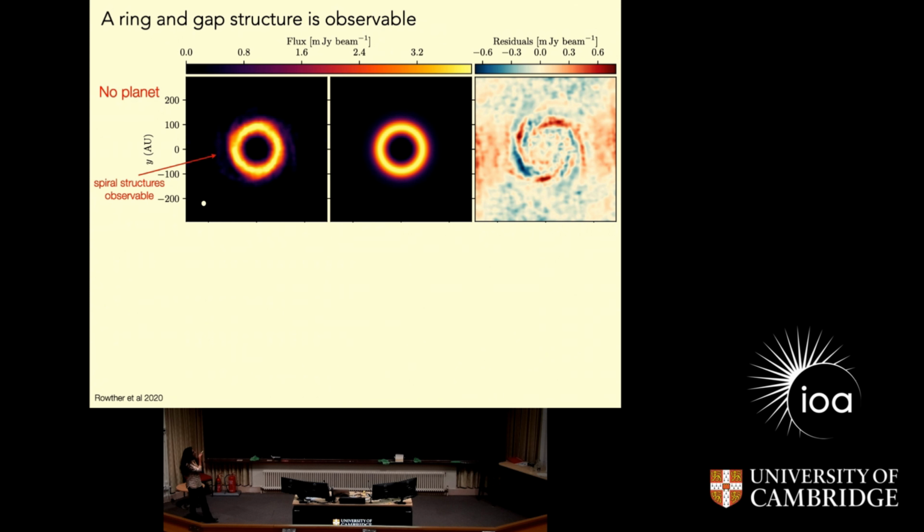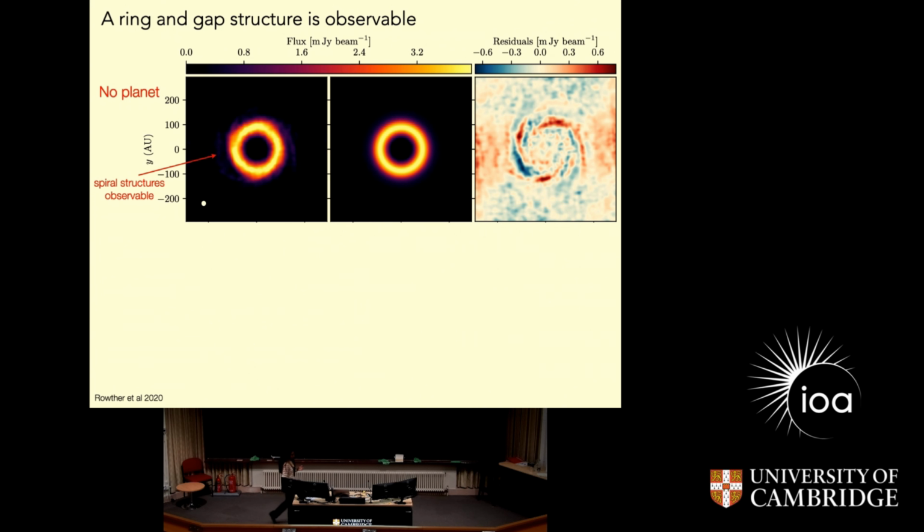Firstly, we've got the situation without a planet. On the left-hand side, there are spirals here just in the purple. It's very hard to see. But what we did was, in the middle panel, we have an axisymmetric model. We subtract one from the other, and you can see the spirals in the residuals on the right-hand side.